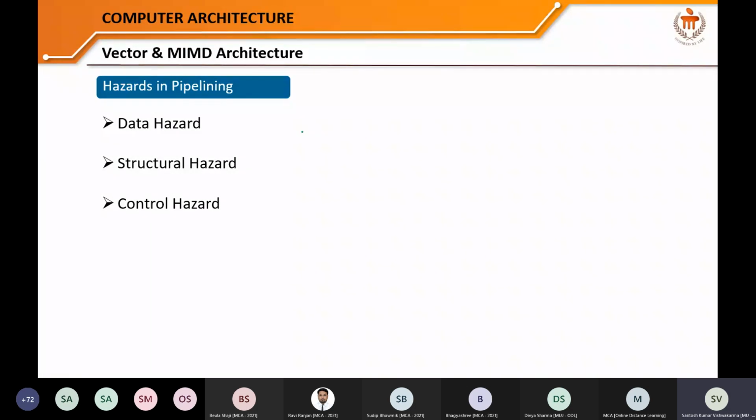A data hazard is when we come to the next phase of execution, but the system is waiting for data which is not available. A structural hazard is in terms of resources, where the system fails when the resources cannot be allocated as per the requirement. And control hazards stand for branching.